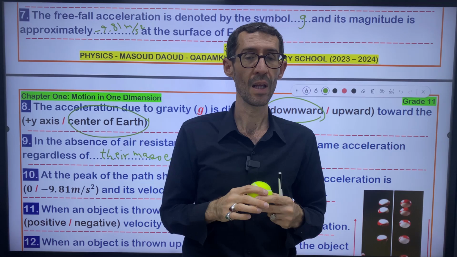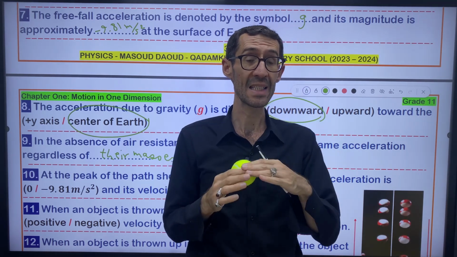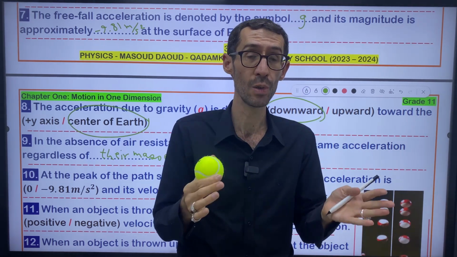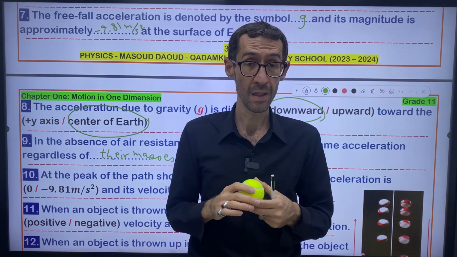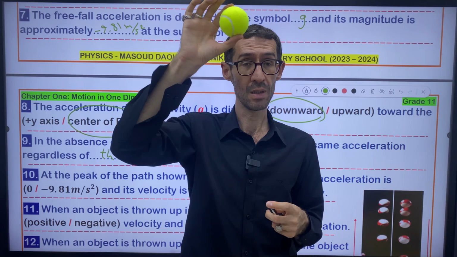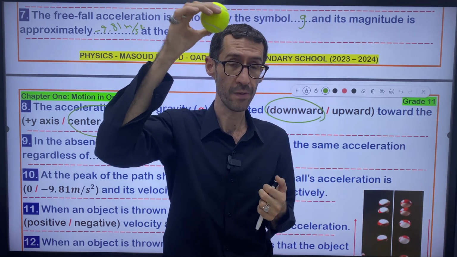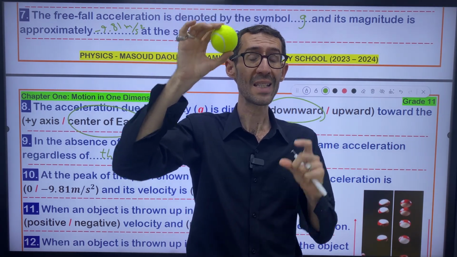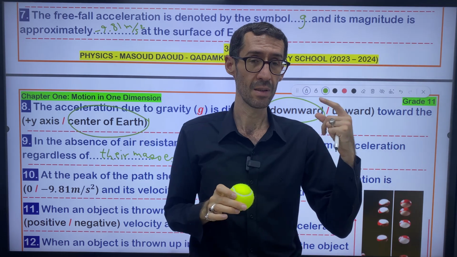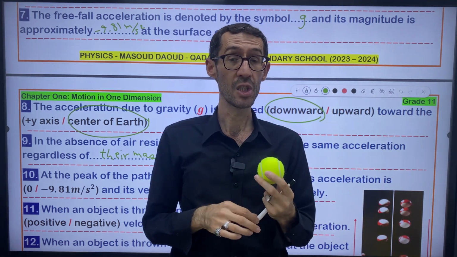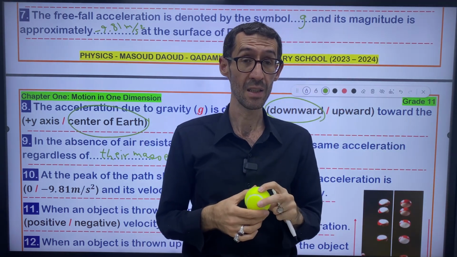But keep in mind that acceleration does not become zero for free fall, even when the object stops, because acceleration is not taken from just one value of velocity.